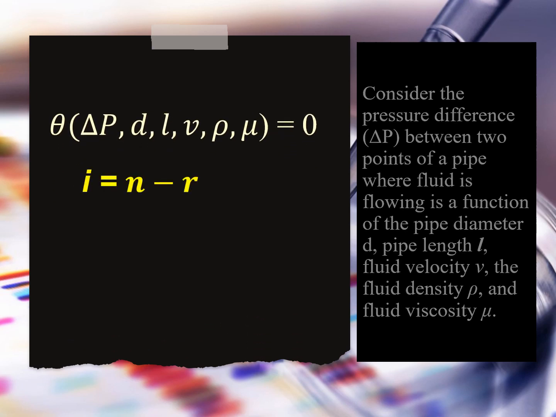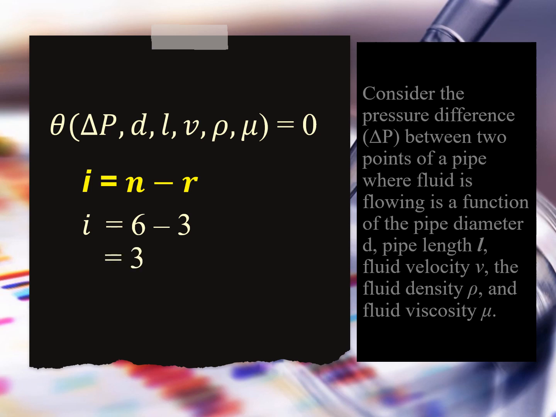The number of independent dimensionless groups equals the 6 variables involved minus 3, the rank of the dimensional matrix, that is the mass, length, and time. Thus, 6 minus 3 equals 3 independent dimensionless groups.